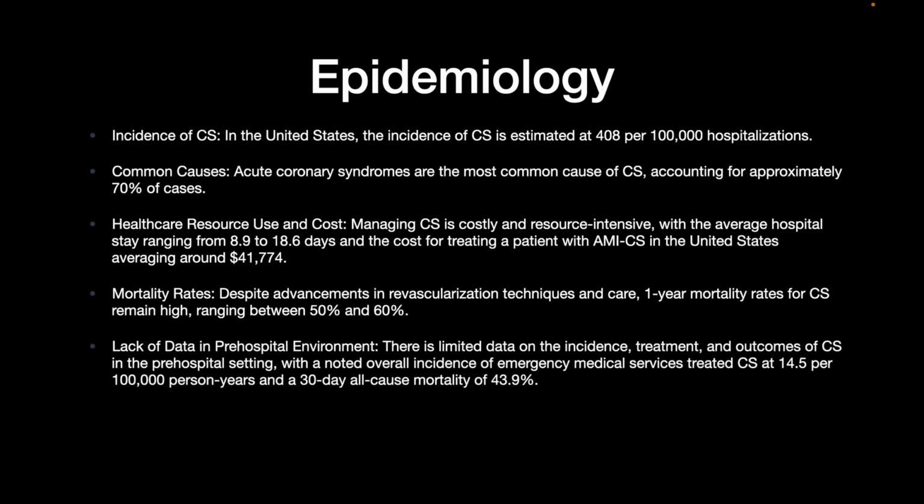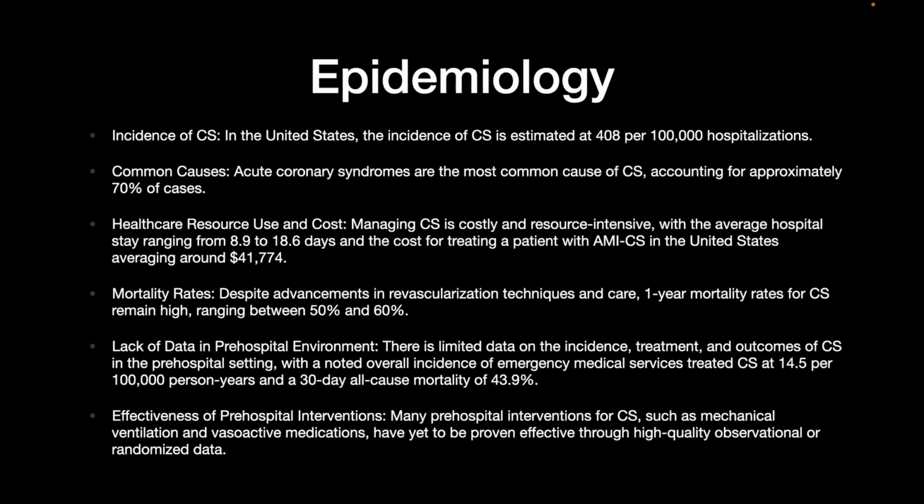Now, the lack of data in pre-hospital settings makes the exact incidence very difficult to determine, because again it is one of the commonest causes of cardiac arrest out of the hospital setting also. In that case also the mortality rate reaches somewhere around 50%. The effectiveness of pre-hospital interventions has not yet been analyzed, and no such intervention has been found which is very effective in reducing mortality rates.